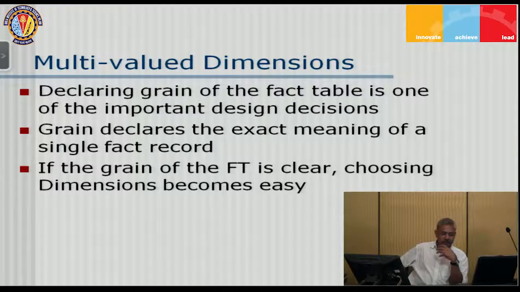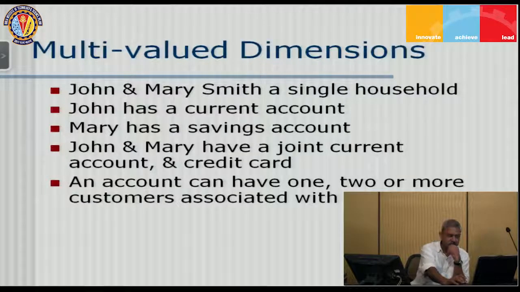The grain declaration gives an exact meaning to each and every record in the fact table. If the grain of the fact table is clear, choosing the dimensions becomes easy. That's what I said, once the grain of the fact table is known, the dimensions automatically emerge from it. So it's an important design step, declaring the granularity of the dimensions and the facts.